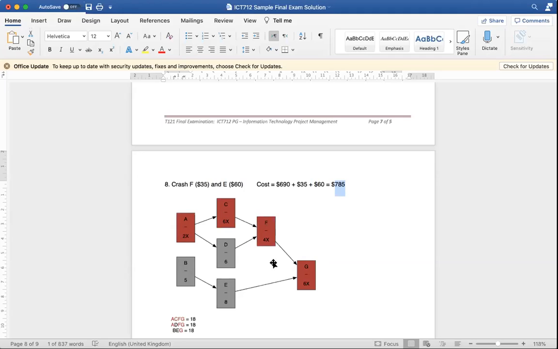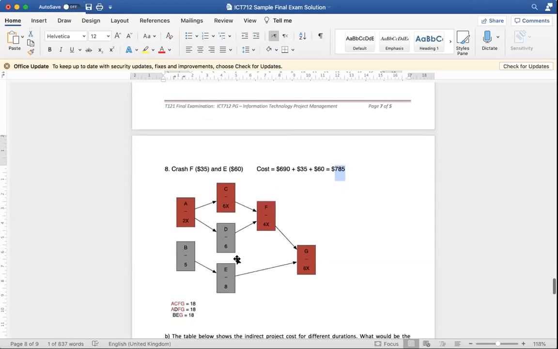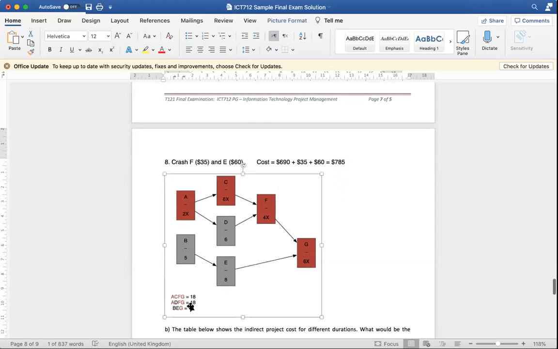My friend, whatever the scenario is, you need to look at every path. You need to ask yourself this question: can I reduce that path anymore? If you get to the stage where you can reduce some paths, but you can't reduce one, you cannot crash any longer. That's it, it's finished.